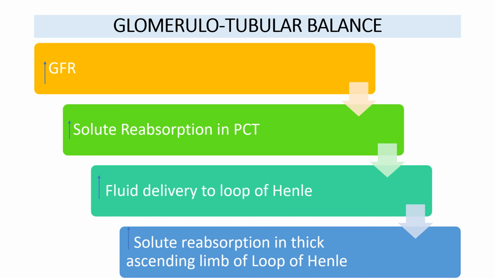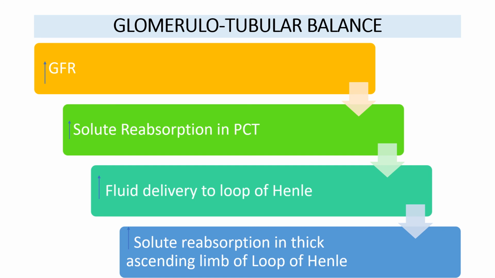Now coming to the regulation of sodium excretion. How do the kidneys regulate sodium excretion? The amount of sodium filtered is so large that if the total amount of sodium reabsorbed stayed constant, a small rise in GFR of only 2 ml per minute would result in sodium excretion more than doubling.